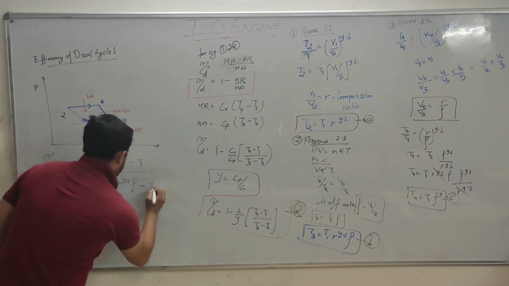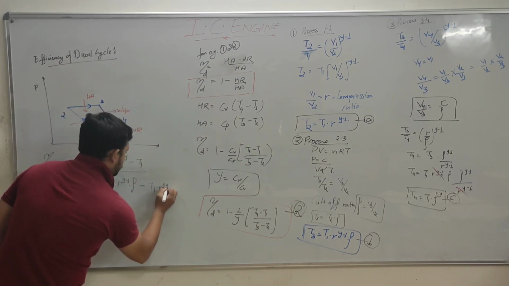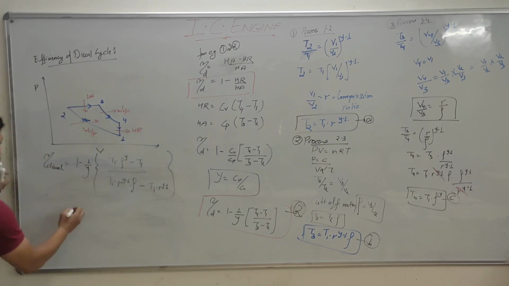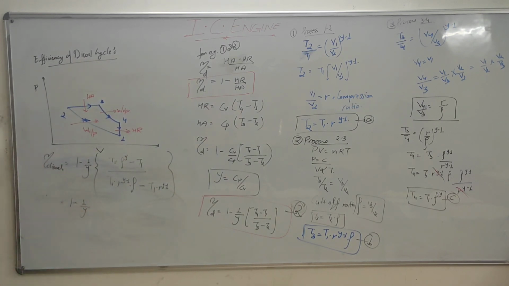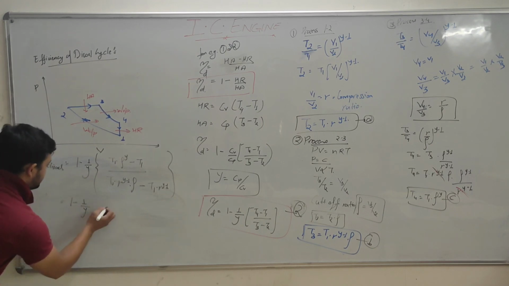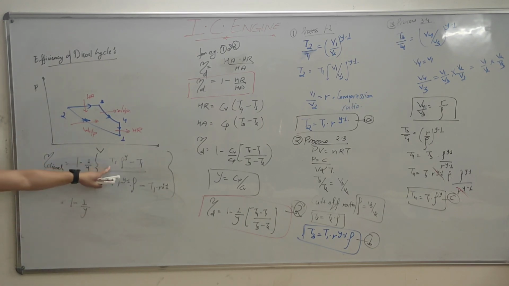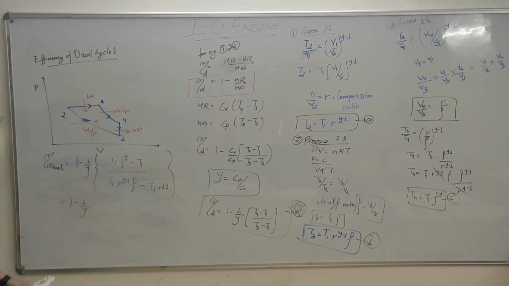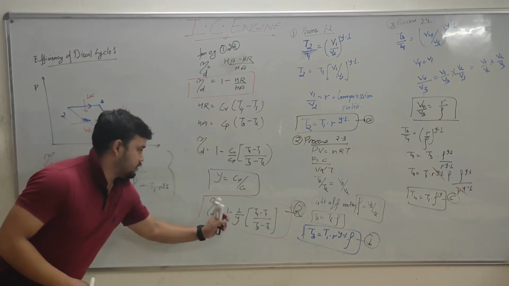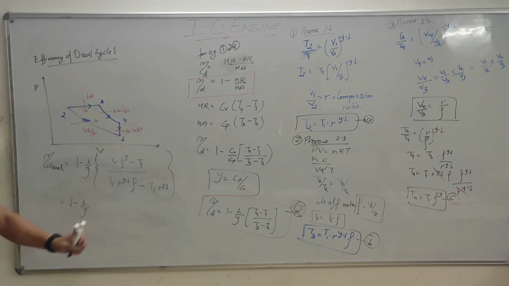T2 is equal to T1 into R to the power gamma minus 1. That's it. Now if you take T1 common from the numerator and T1 common from the denominator, all the T1 will cancel out each other. That is why we convert all variables into a function of a single variable.